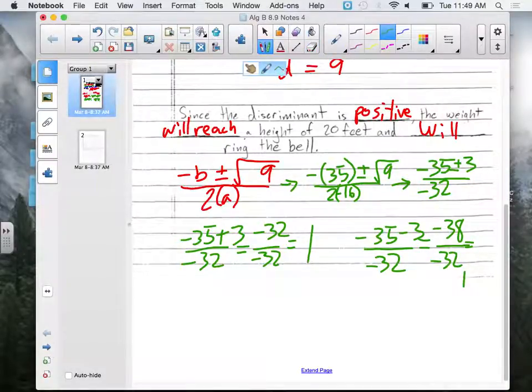All right, so these are our two solutions, and Emerson, did you get 1.19? Okay, and you probably rounded that, right?